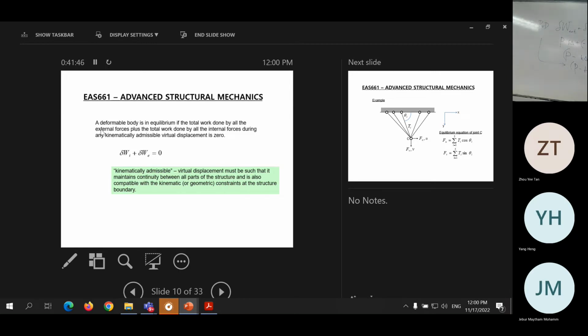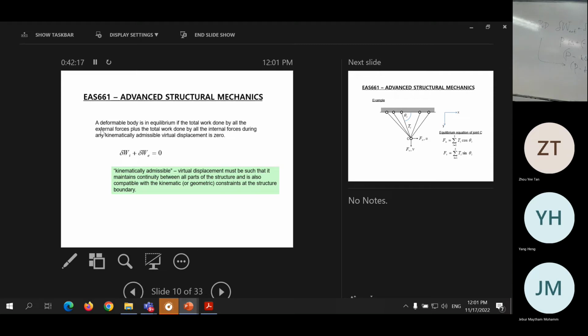If the bodies stay together, then after you apply the virtual displacement, the body must stay together. It must maintain continuity between all parts of the structure, and also be compatible with the kinematic or geometric constraints, which means it must satisfy the kinematic boundary conditions. That is the condition we have to impose on the virtual displacement. So this is the meaning of kinematically admissible.